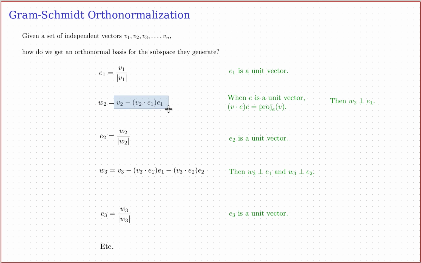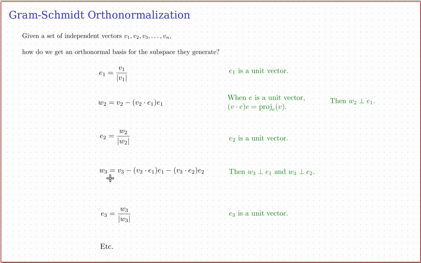As we saw, when you take a vector and subtract off its projection onto another vector, the resulting vector is perpendicular to the vector you projected onto. So this vector, w2, is guaranteed to be orthogonal to e1. By doing this step, we get a new vector which is orthogonal to the first basis vector e1. And then all we have to do is normalize it. We take w2 and divide out its magnitude in order to get a unit vector. Now we have a second basis vector e2, which is a unit vector, and it's also orthogonal to e1. And then we keep going this way.